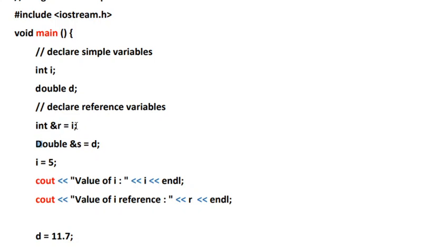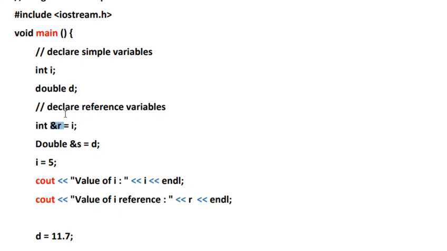If you go through the theory classes for reference variables, you'll see that a reference variable has to be initialized whenever it's declared. That is one of the major differences between a pointer and a reference variable. What you cannot do is alter the content of the reference variable. Once it is initialized to i, I cannot use this reference variable r to point to some other integer.